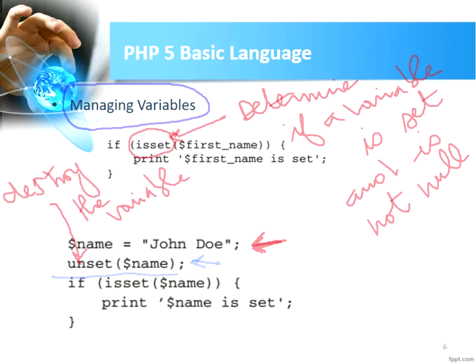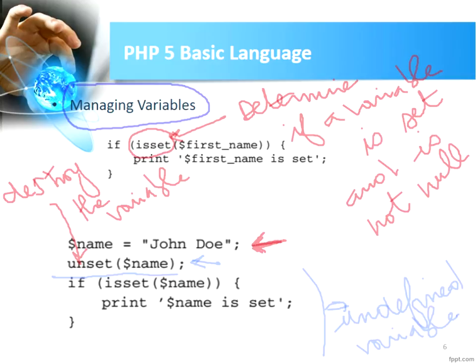After that, when I write if isset $name, print $name is set. So in our example, this gives us undefined variable. Why?